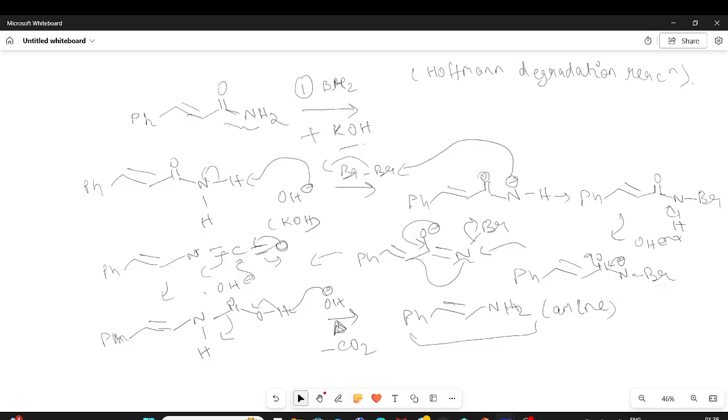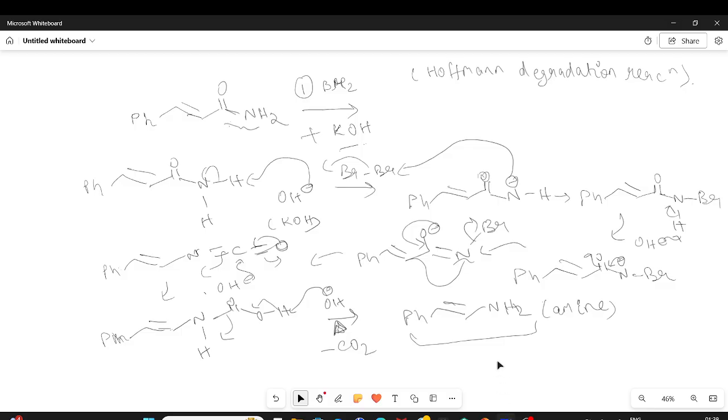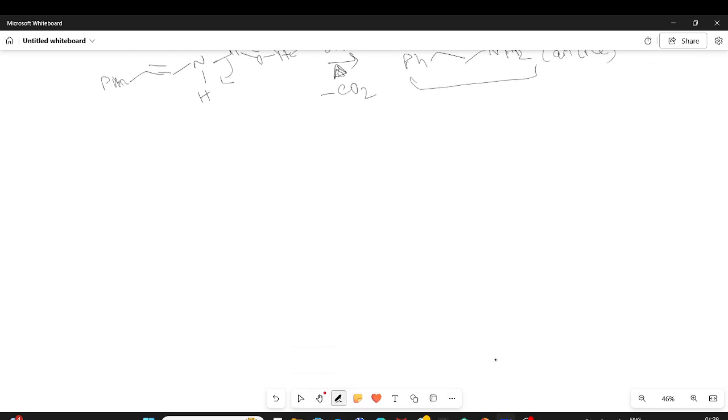And for the next stage, it has provided aqueous HCl in the question. So you see this amine product, in presence of an acid or some kind of acidic condition, it can actually undergo such kind of conjugated attack towards the electrophilic proton.